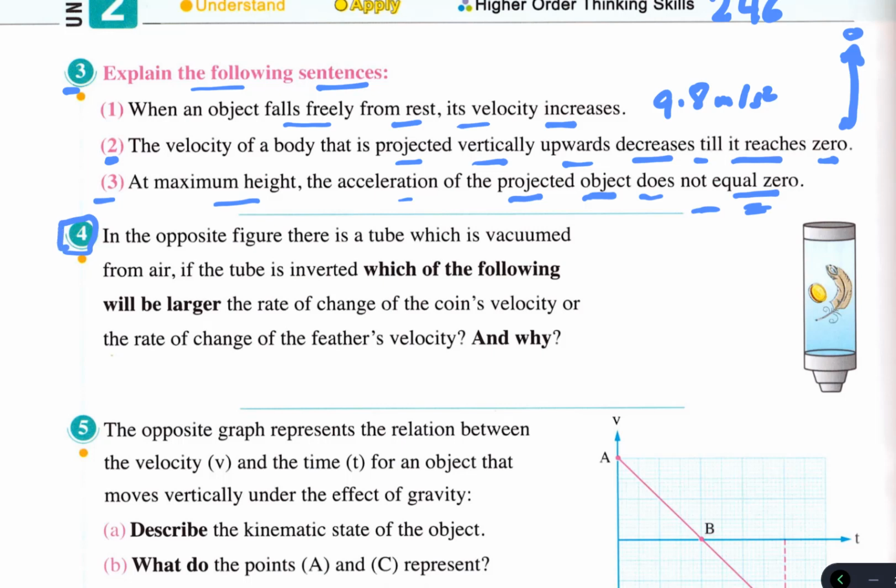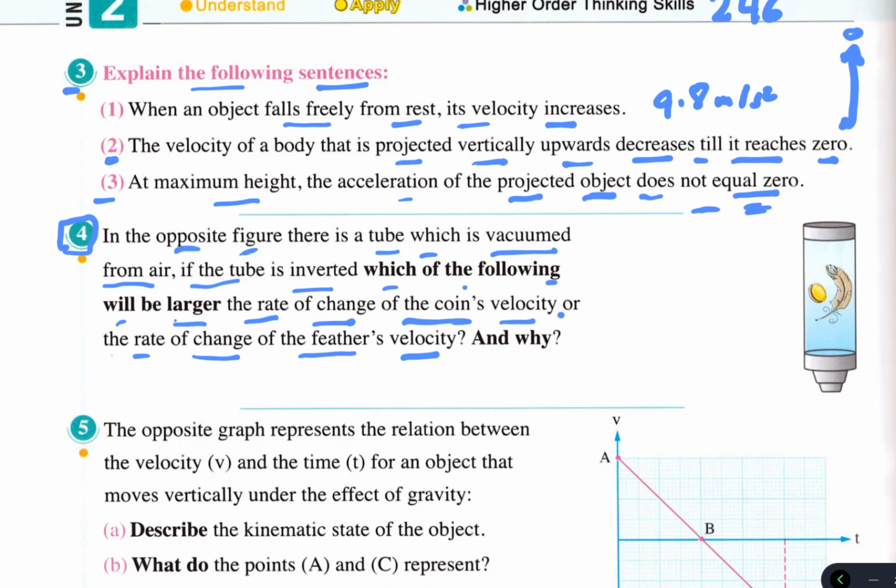For number 4, in the opposite figure here is a tube which is vacuumed; we get the air out of it. If the tube is inverted, which of the following will be larger: the rate of change of the coin's velocity or the rate of change of the feather's velocity?